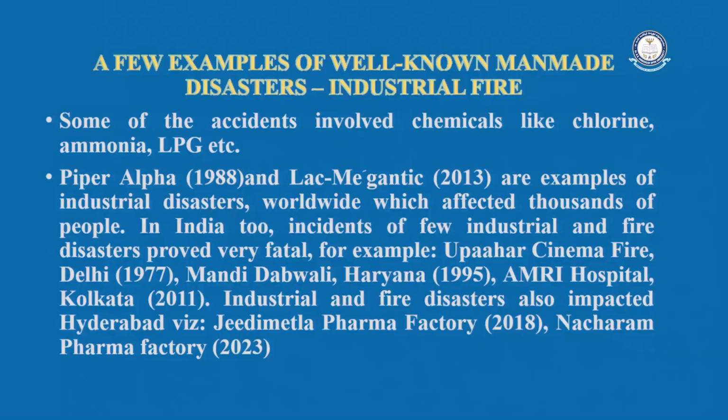For example, the Upahar cinema fire which took place in the year 1977, and the next incident which took place in the year 1995, that is Mandi Dabwali in the state of Haryana, and the Amri hospital situated in Kolkata in the year 2011, and the recent industrial fire which took place in the year 2023 in our Telangana, nearby the Nacharam pharma factory. So, this is how industrial fire is also considered a man-made disaster.